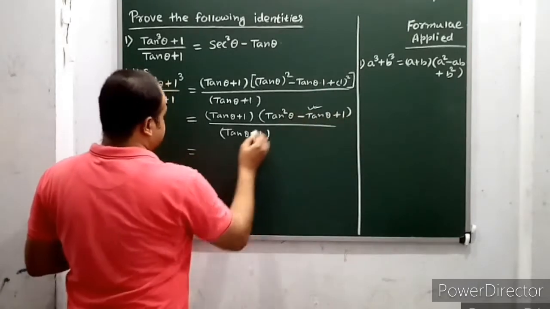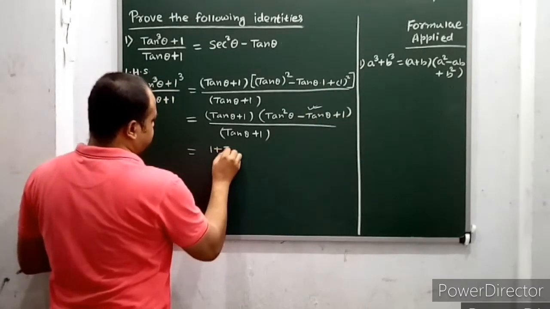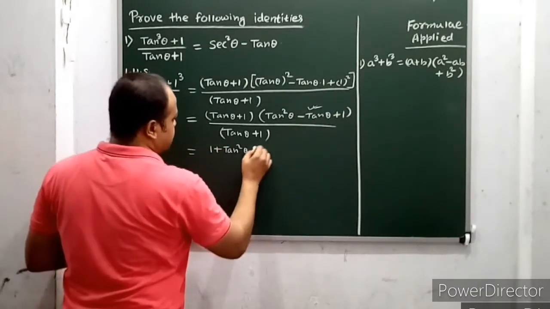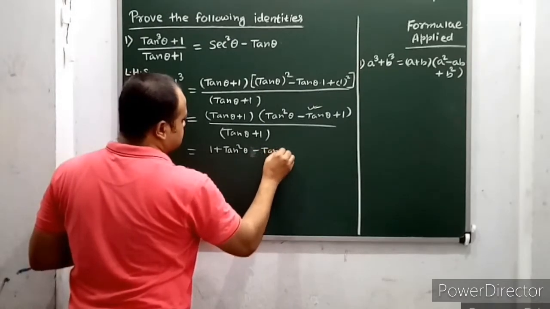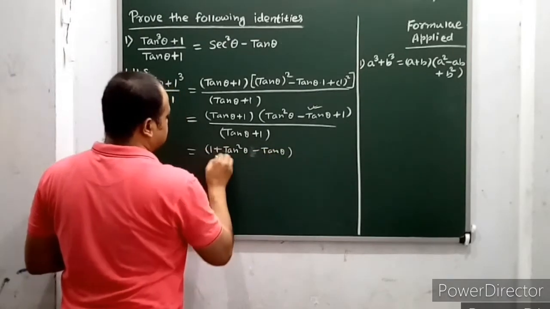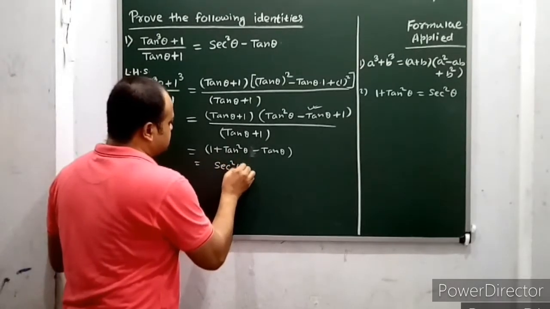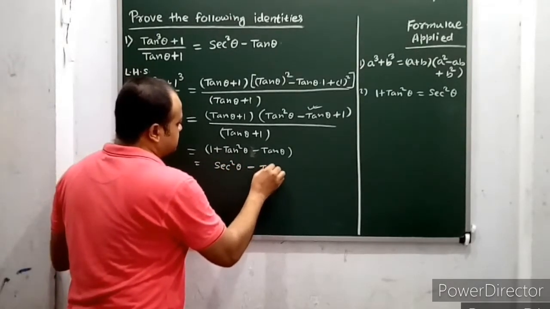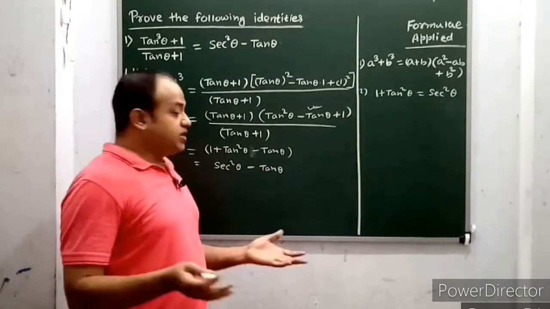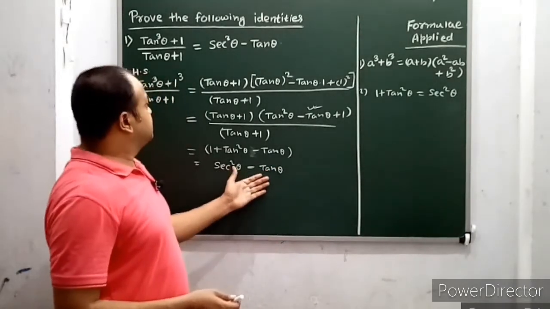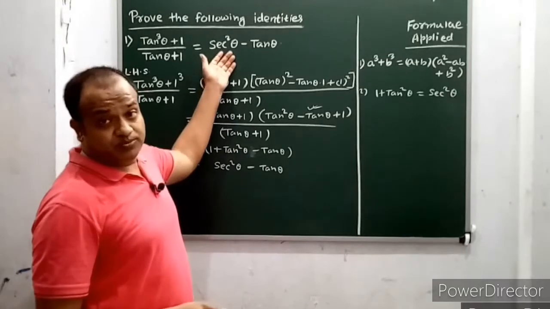First I will add 1 plus tan square theta, then minus tan theta. Now 1 plus tan square theta is sec square theta. See, we have already got sec square theta minus tan theta, which we needed to prove.